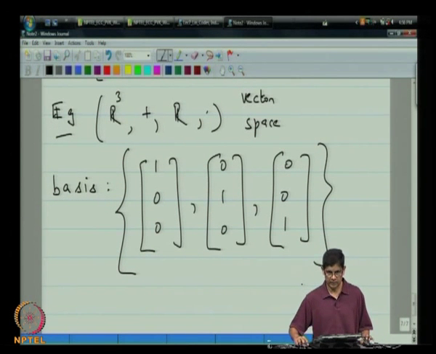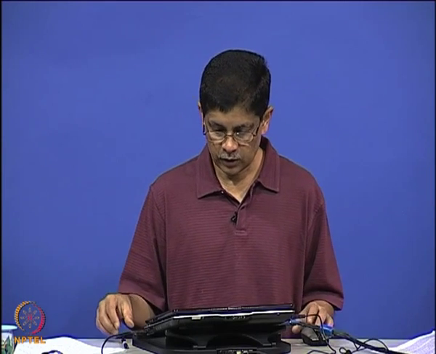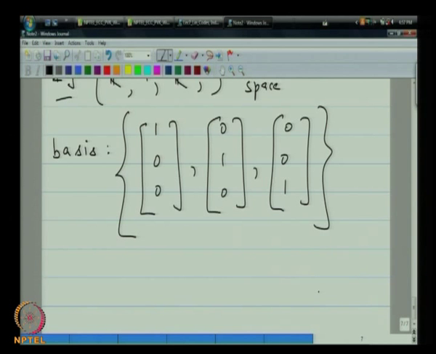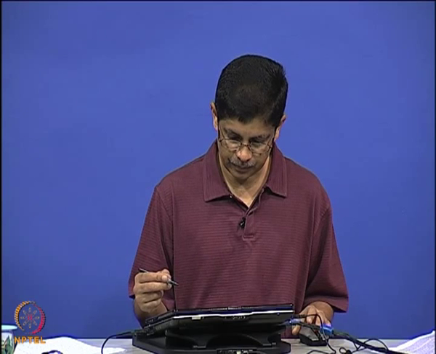And it does not take much effort to actually see that this collection of vectors is linearly independent, and further it spans the space, simply because you can express any vector in 3-dimensional space as a linear combination of these. Okay. So, this clearly is a basis. Just one remark that whenever you have in the spaces Rn, vectors of this type are called a standard basis.